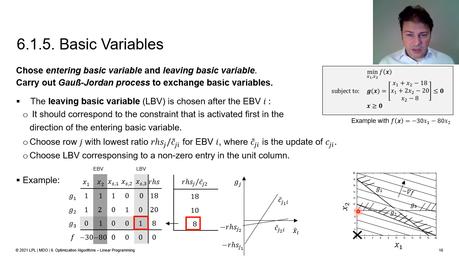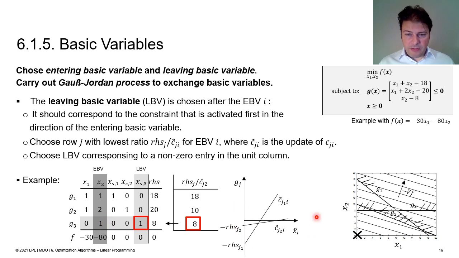Okay? And how do you choose that constraint? Or how do you choose that row associated with the constraint? In other words, how to choose the index j that will tell you what constraint will be activated.